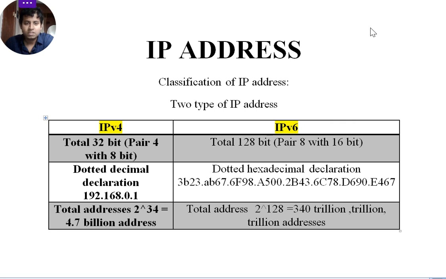So for this discussion, we have to know that there are two types of IP version. The first IP version is called IP version 4 and the second version is IP version 6. So basically, from this statement we are able to think that IP version 4 is the older version and IP version 6 is the updated version.